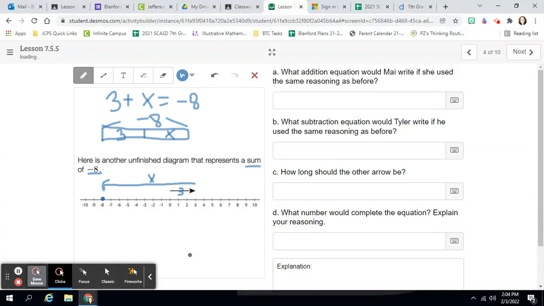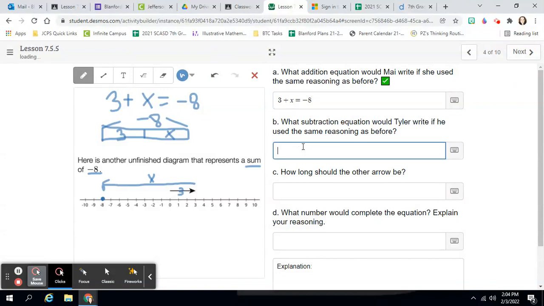All right. So I have done a couple of things here to kind of show what's happening, right? So I know that Maya is writing this as addition. So I know that she would be writing the 3 plus the x is equal to -8. So that's what that looks like for addition.